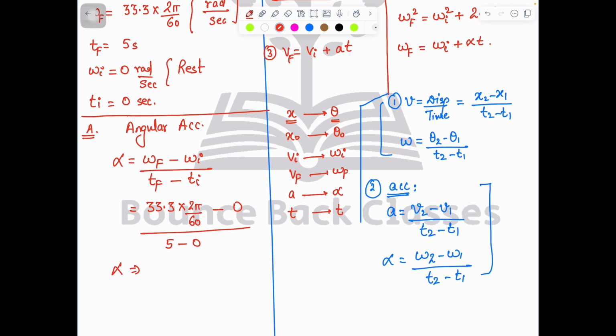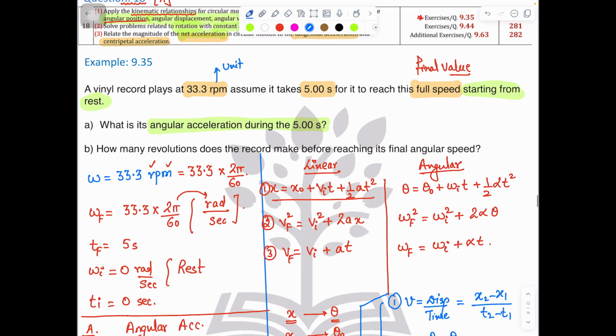Your answer should be 0.6974 radian per second square, because the upper value is already radian per second, and divided by second, so it will become radian per second square. Is it fine? Sure.